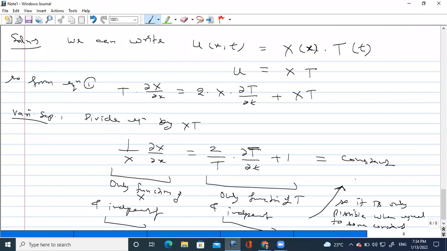So this constant we can take as per our choice. Okay, note down this. In the first question you have to learn very well, then from the second question it will be good practice. Suppose I am taking here some constant lambda.